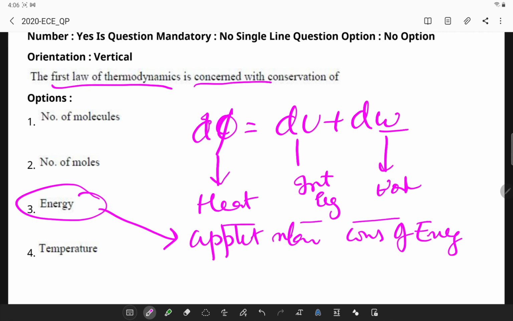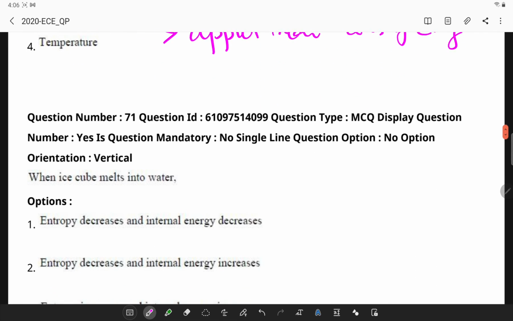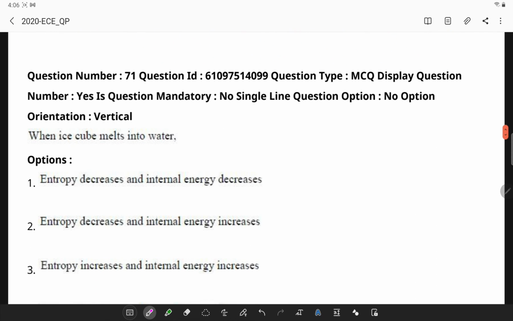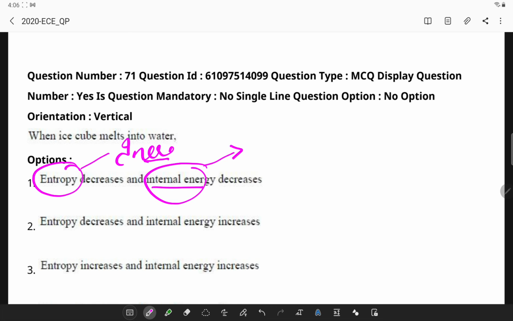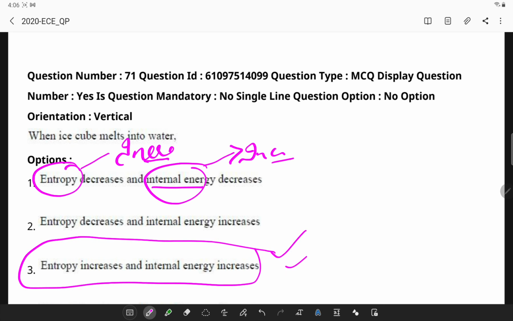Okay, so next, when an ice cube melts in water, what will happen? The entropy will be increasing and also the internal energy will increase. So only this option is the correct answer.